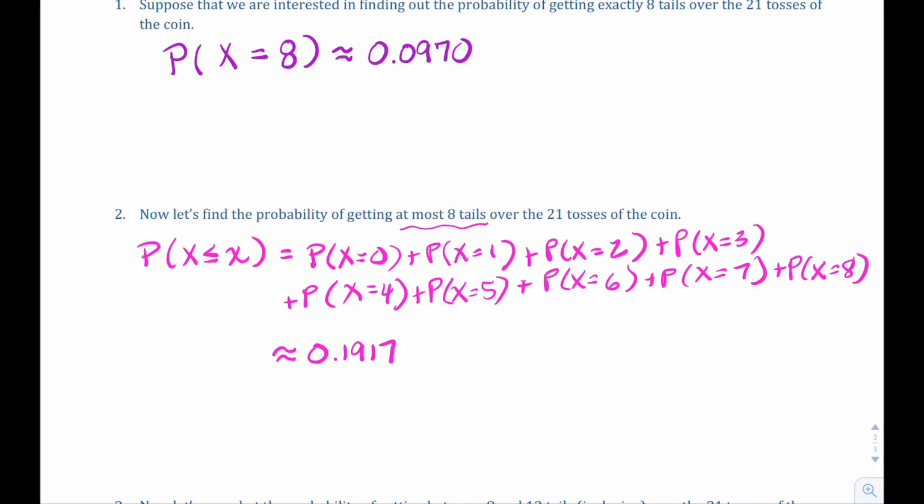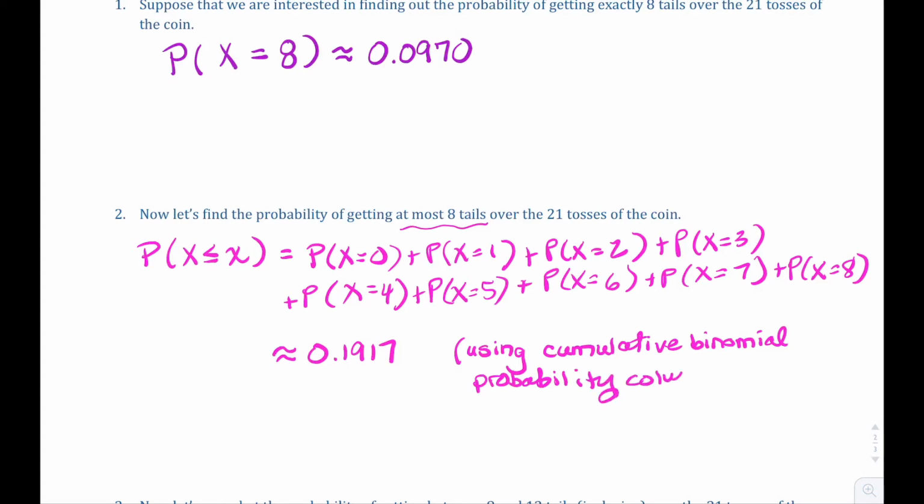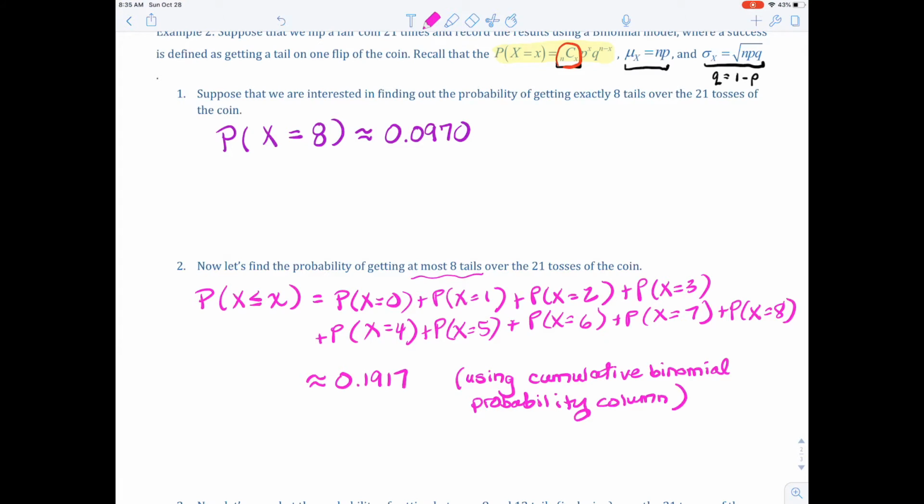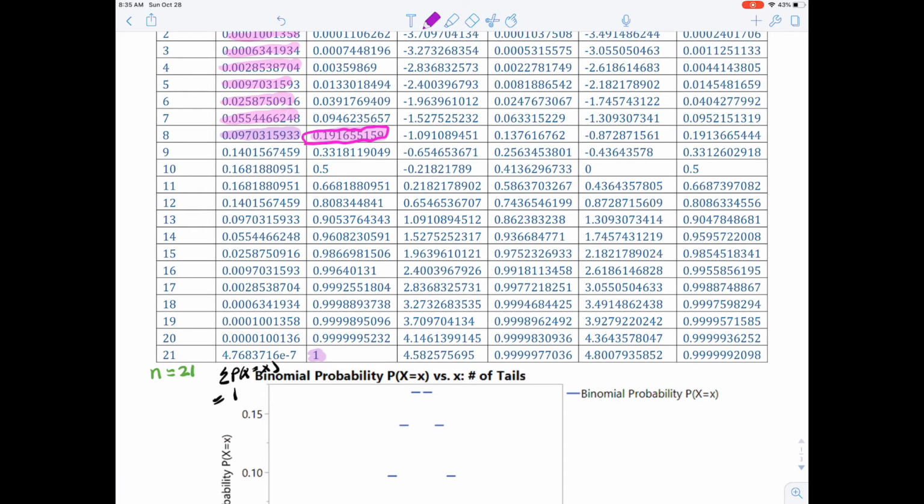Groovy? All right, so now let's check out what we're looking for next. We got this value, and that was this one here for the first problem.